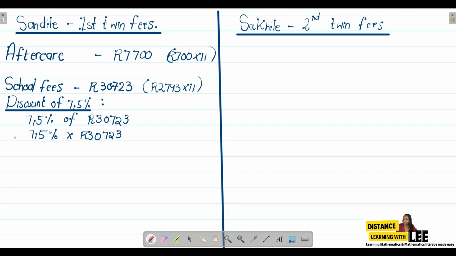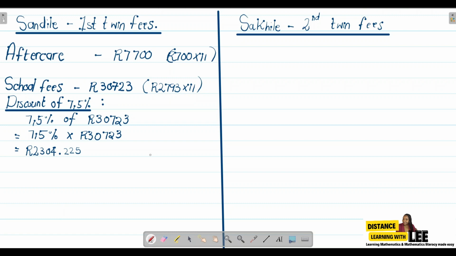If you punch that into your calculator, you'll find that she received a discount of 2,304 rand 0.225 cents, right? So that is the discount that she received for paying the school fees before the 31st of January.